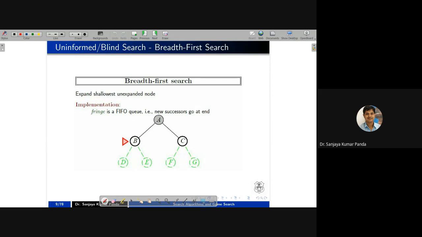What does it mean? It means that all the nodes at depth D, suppose I consider the depth as D in the search tree. For example, this is depth D, this is depth D plus 1, this is depth D plus 2. So all the nodes at depth D, here it is only one node, are expanded before the nodes at D plus 1.